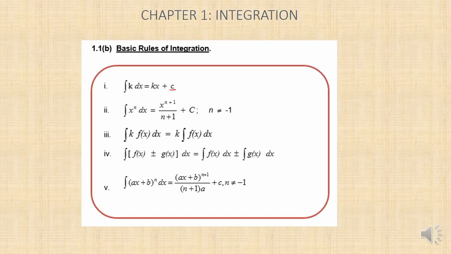And rule number 5. Integrate ax plus b with power n. Okay, polynomial with a power n. So we're gonna get ax plus b with power n plus 1 divided by n plus 1 times a, and don't forget plus c, and this is for n not equals to negative 1.